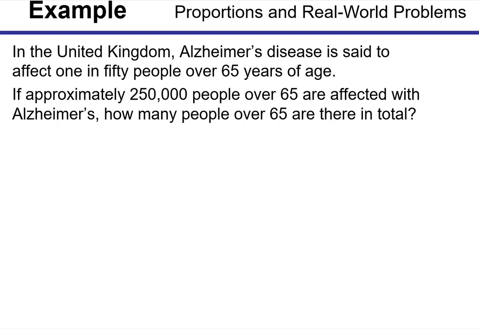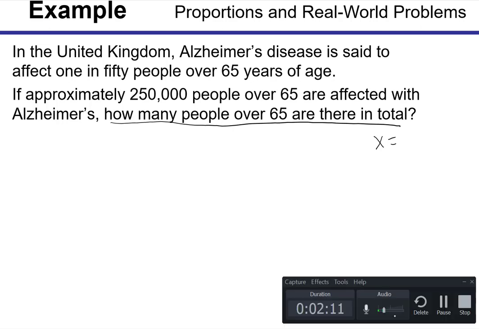There is a question here. How many? So, let's let X equal the number of people who are over 65. So X is representing like the whole group.